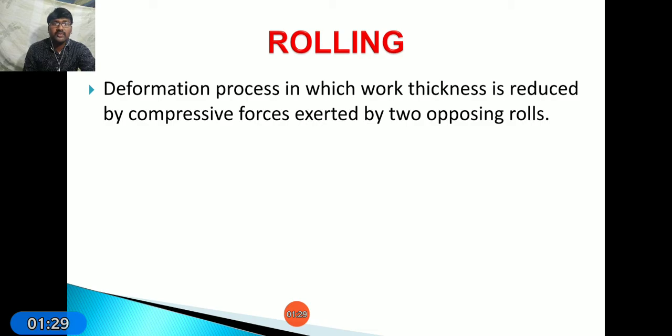Due to this, what happened? Deformation takes place in the workpiece. In the direction of the applied forces the thickness will be reduced, and in the remaining directions the dimensions of the work part will increase, but the volume before and after the process remains the same.